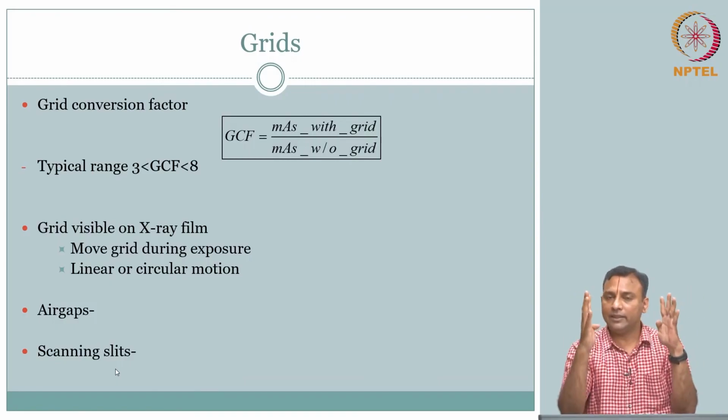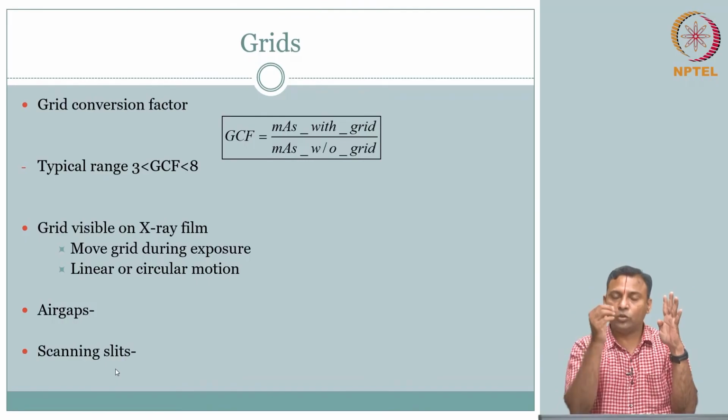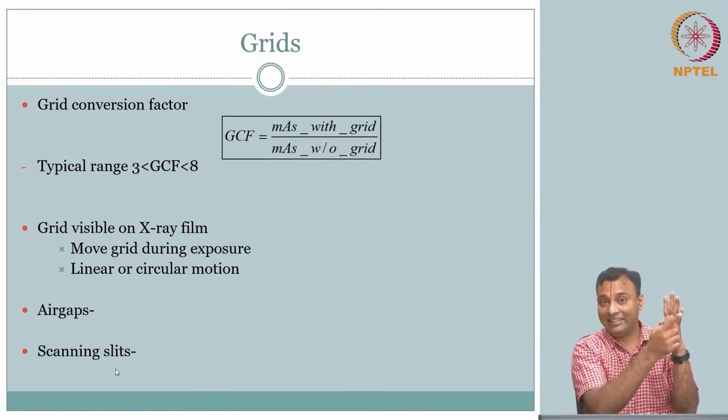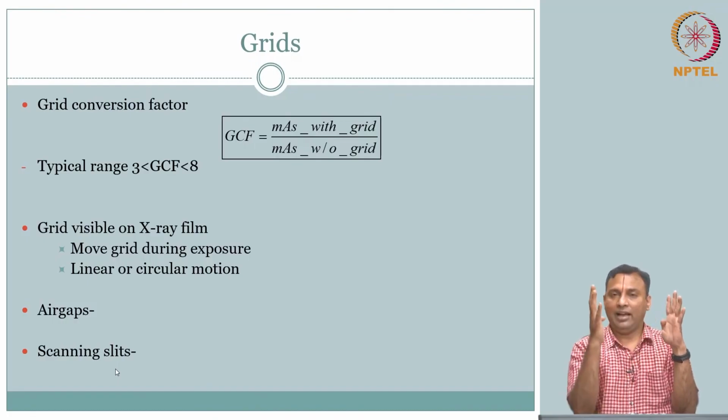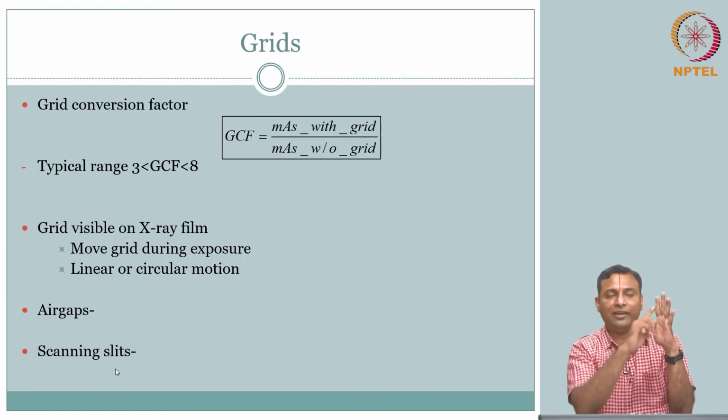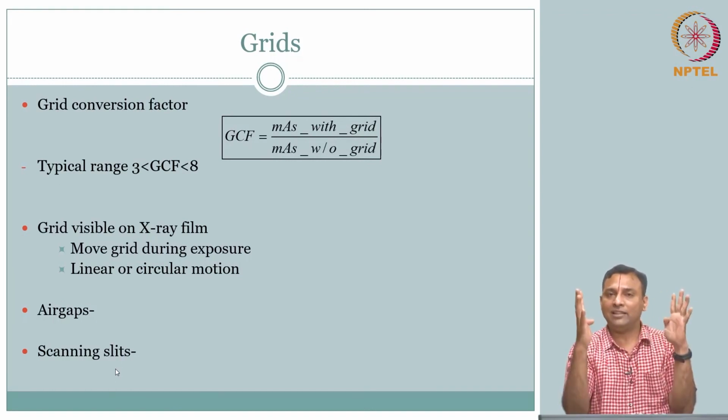So in some sense, instead of sending the signal through the body and getting hit by the grids here, I can only send in at locations where there is no grid. So I can have a slit that is perfectly aligned.